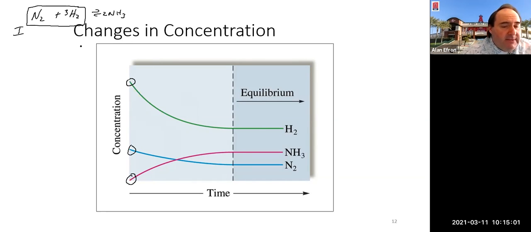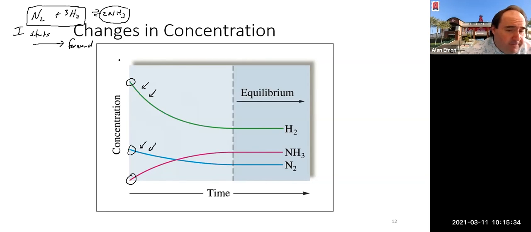As the reaction starts, the forward direction is going to dominate. That means we are using our reactants to make our products, and that's why we see a decrease in the amount of reactants. We also would expect to see an increase in our product, and that's what we see here.